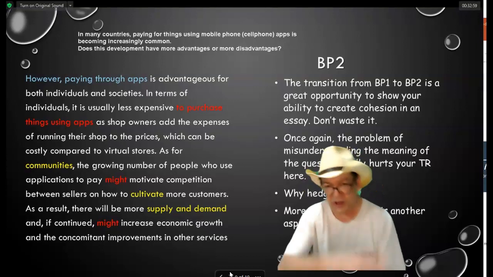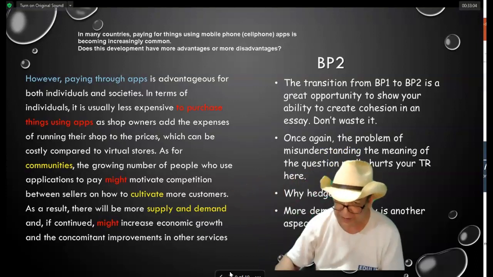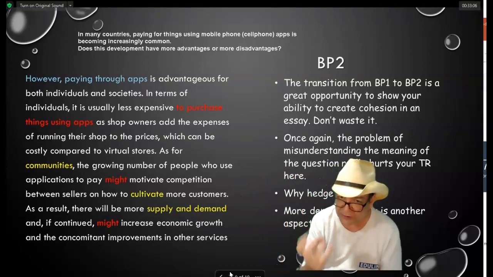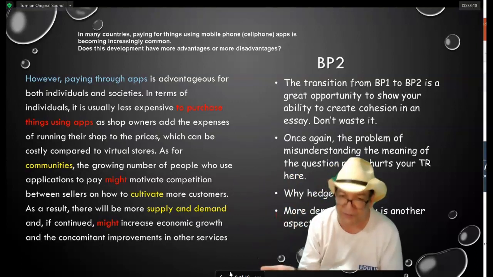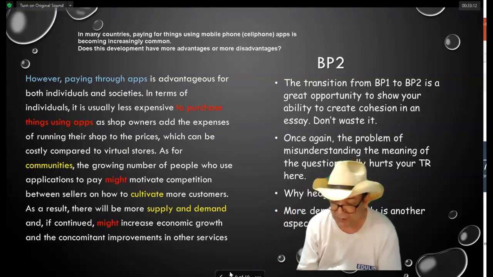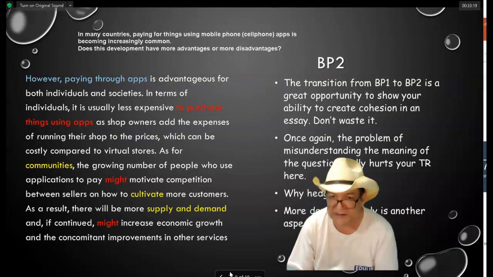Here's why. You connect the two. "In spite of these disadvantages, here are the advantages." Okay, that creates an opportunity, and you didn't take full advantage of it by simply using "however." However, paying through apps is advantageous for both individuals and societies.